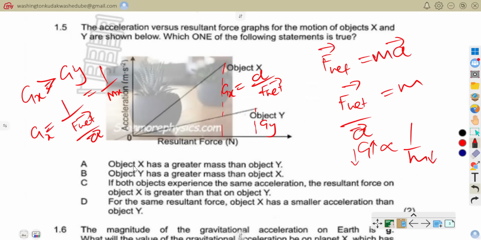So here they're saying object X has a greater mass than object Y. This is not true because for object X the gradient is steeper than the gradient of Y. Therefore, the mass of X would be less than the mass of Y. So object Y has a greater mass than object X. This is actually true. So our correct option was going to be B from those two graphs.